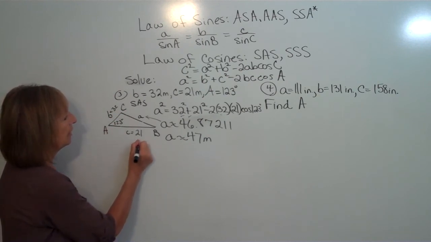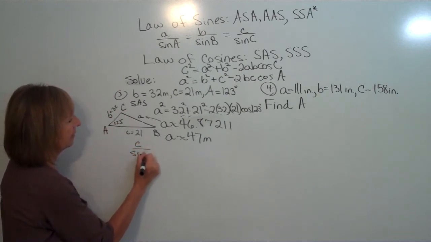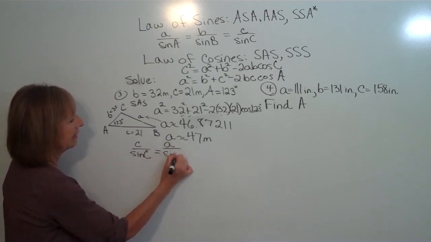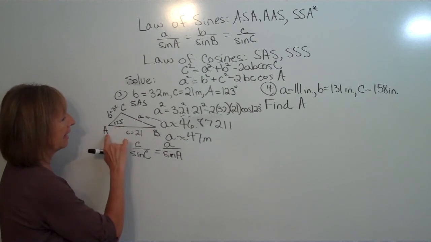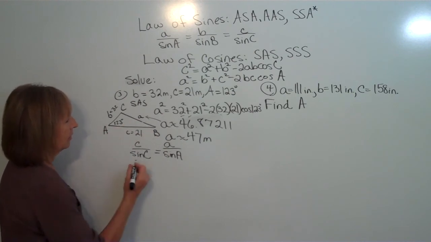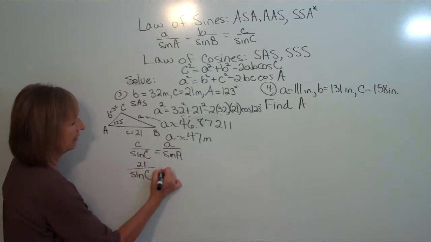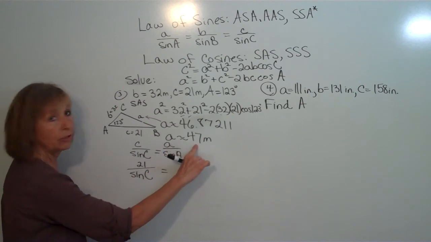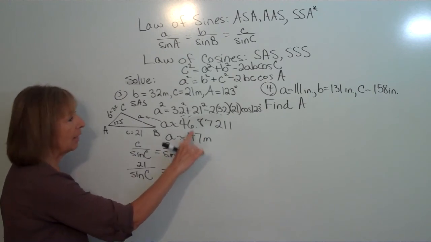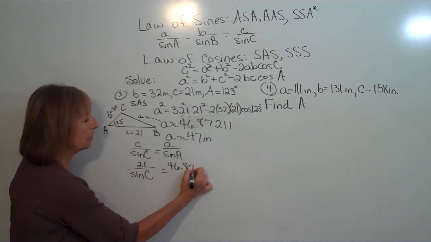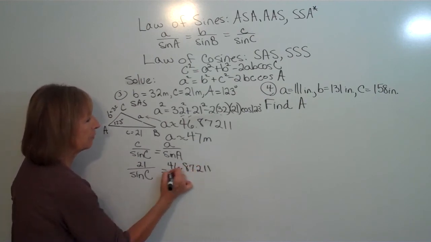So we'll go, C is to the sine of C as A is to the sine of A, because I now have side A and angle A. So I know side C is 21, is to the sine of angle C, is equal to, now A, I don't want to use 47, that's rounded. I want to use a value further out than where I want to round to by several decimal places.